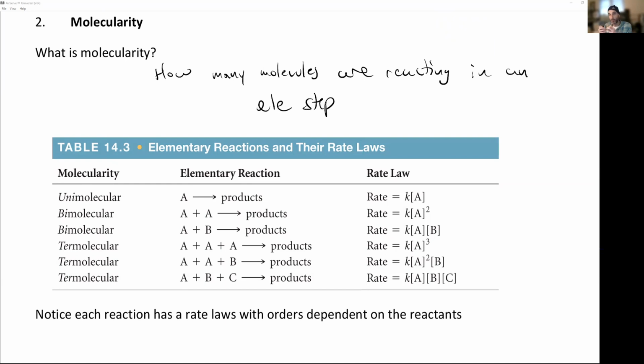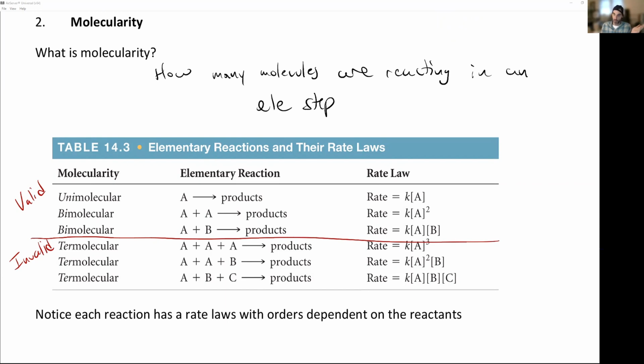The likelihood of, in this analogy, 3 baseballs actually making contact at the exact same moment, like all 3 of them touching each other at the same time, that's very difficult. So if you have only bi and unimolecular, these are valid, meaning termolecular reactions are invalid. So anything that contains an elementary step with a termolecular reaction is immediately regarded as impossible to do.